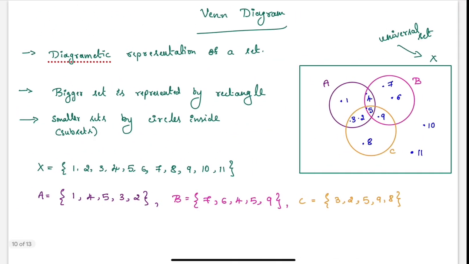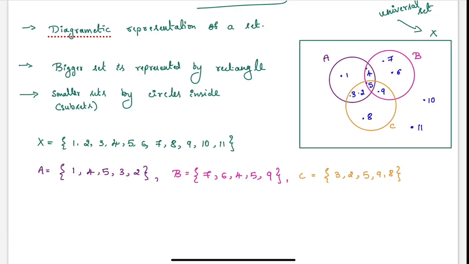For example, if you consider the sets A and B, the union of A and B is denoted as A union B.